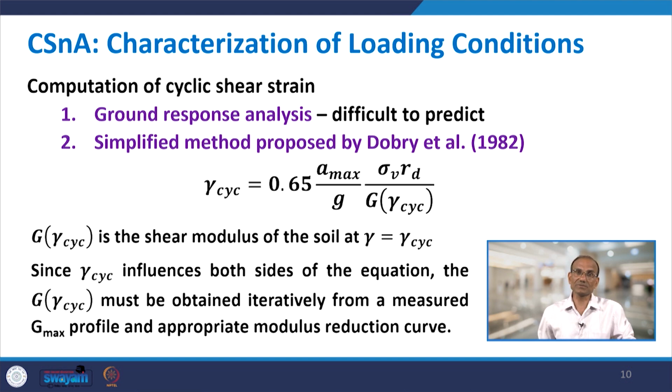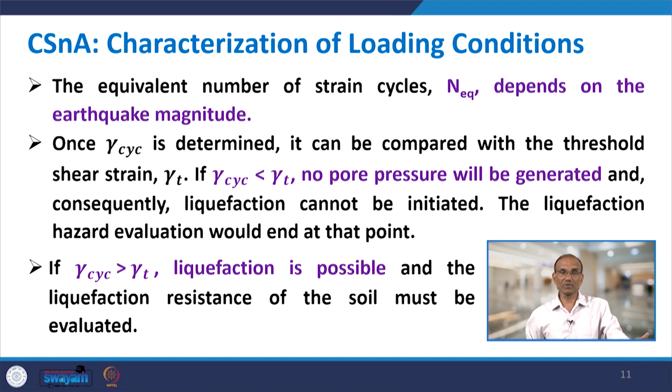To start the iteration, G can be taken as G max. Then you find tau cyclic and update the G value using the modulus reduction curve, until both sides match, and then we finish the iteration. That is the usual process.